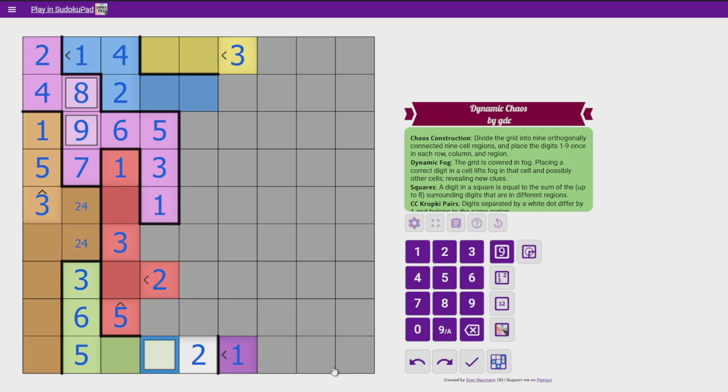We have the square here. It's counting the sum of these 4 cells, whichever ones aren't in this region, in green. Right now, it's at least a 5. It can't be a 5 because that's 5, so it's at least a 6. It's not a 6 because that's 6, so it's at least a 7. So it's a 7, 8, or 9. Definitely.